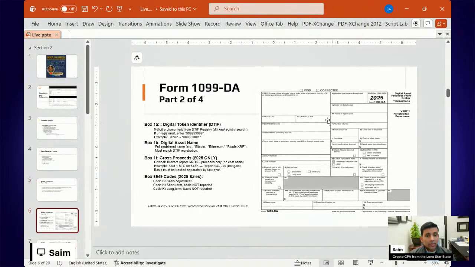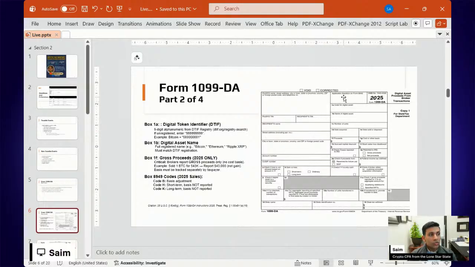So this is how the new 1099-DA form will look. You'll have your name, whether you're an individual or an entity, your taxpayer identification number. Sorry, this is the filer side. Then you have the recipients, that would be you. Your information will go here.